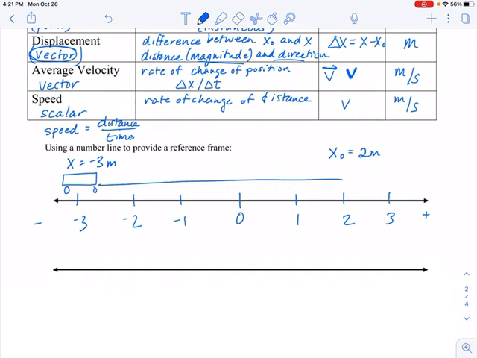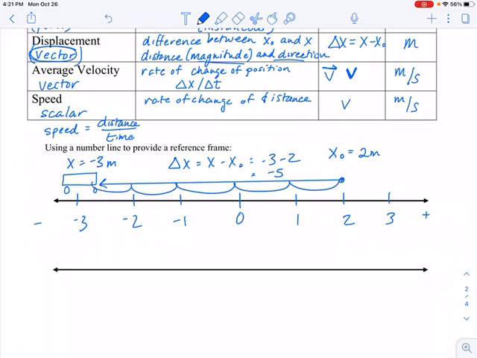So the car moved to the left. I would say that the displacement, and this is pretty easy because it's in a straight line, would be the final position minus the initial position. So that would be -3 minus 2, which is a displacement of -5. And that should make sense because look, 1, 2, 3, 4, 5. The object moved 5 units to the left.